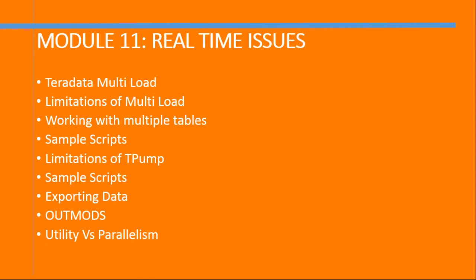That includes utilities and some of the limitations, and how, while loading into the Teradata system, we can interact in between and do some kind of conversion before the data is actually available in the Teradata system. That also we are going to cover. That comes as part of the out modes. So these are some of the topics that we are going to cover as part of the real-time issues.